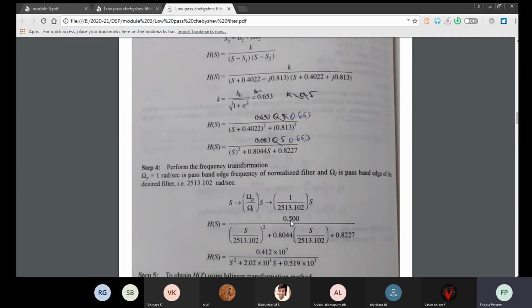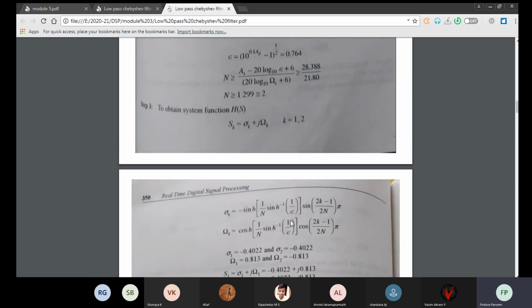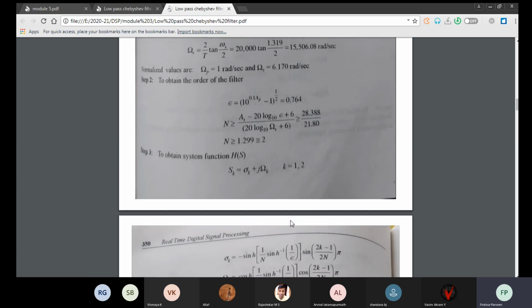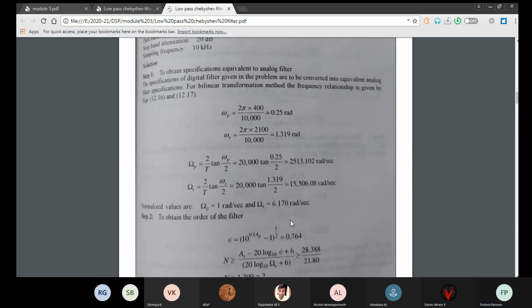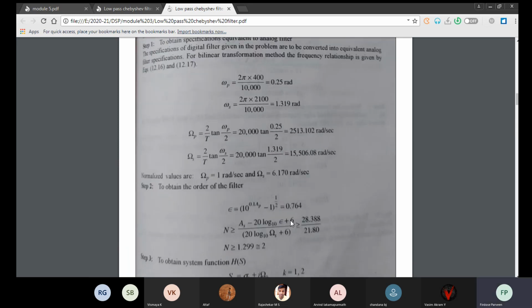What is epsilon here? 0.764. So for 0.764, ripple is 2 decibels, right? So for that, the B naught will be 1.3075603. You can take down 1.30.